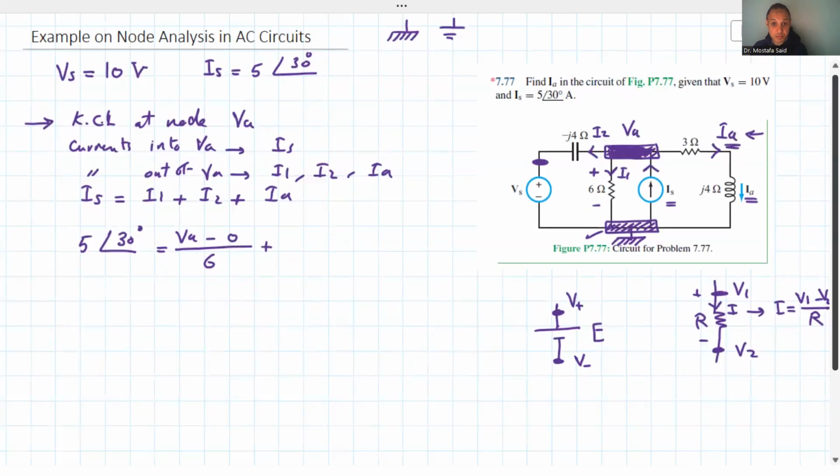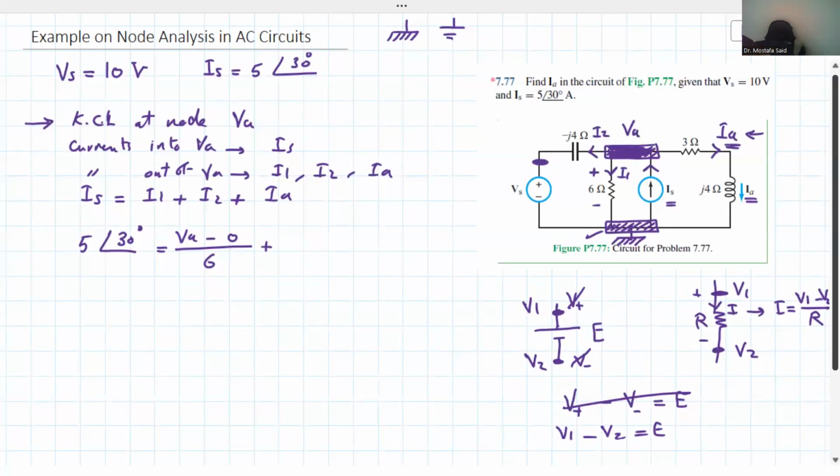It's just a name. If you have a situation like that, that means V positive minus V negative equals E. If you are confused by the names, let's call them V1 and V2. If you have a situation like that, that means V1 minus V2 equals E. That's it.